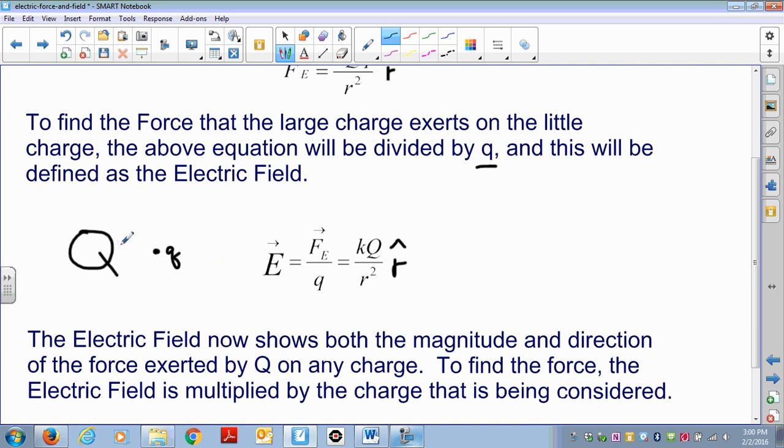Now, if we take the force that's exerted on this little q by this big Q, and divide it by the amount of that charge, that would give us the electric field strength. So this is this little q, this is this big Q. Okay, so when we're solving for the electric field, we're looking for the electric field of the big charge Q.